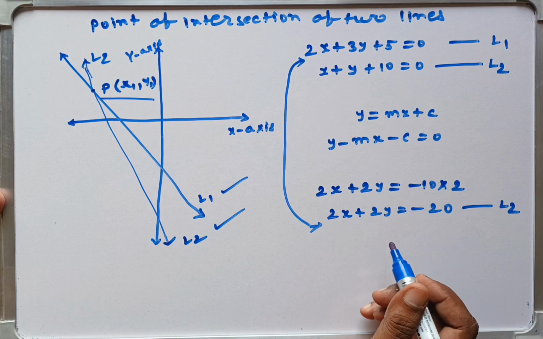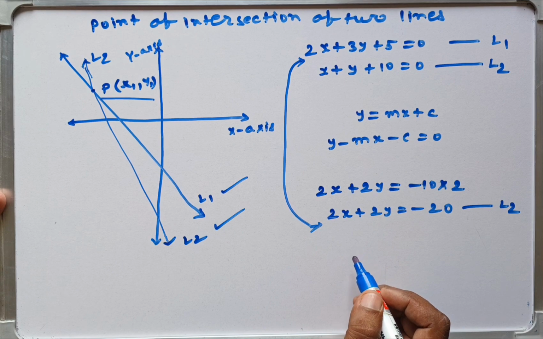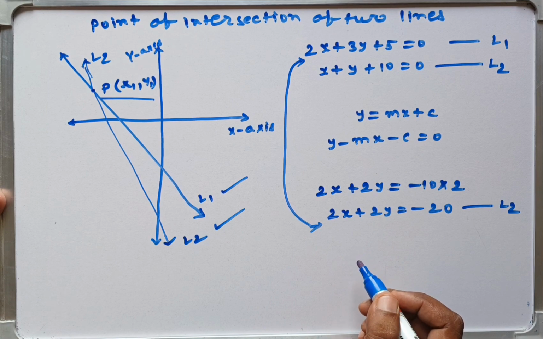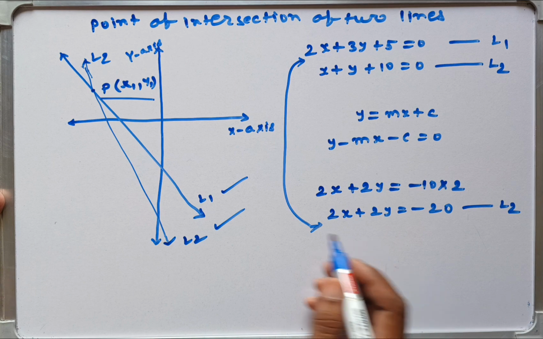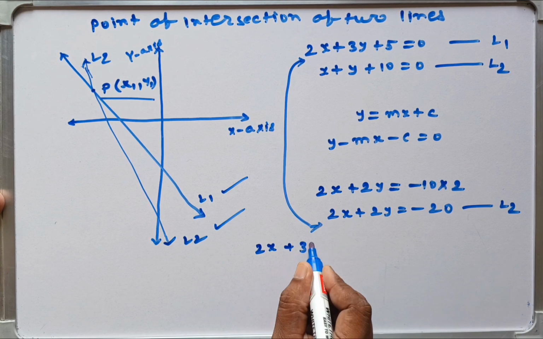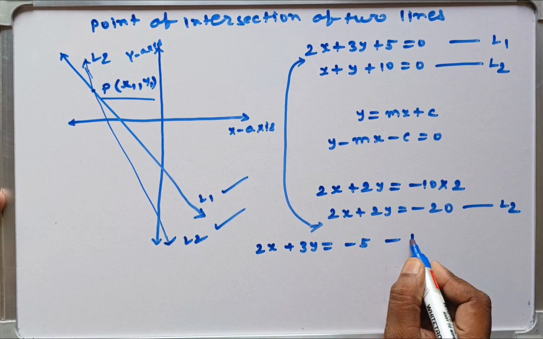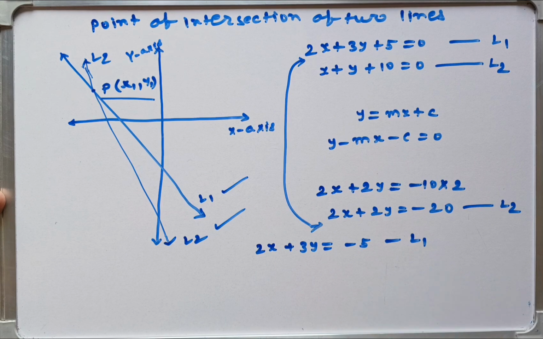So if we subtract the L1 equation from the L2 equation, then what do we get here? See, 2x plus 3y equal to minus 5 is the equation of the first line, or the second line equation is equal to this one, guys.